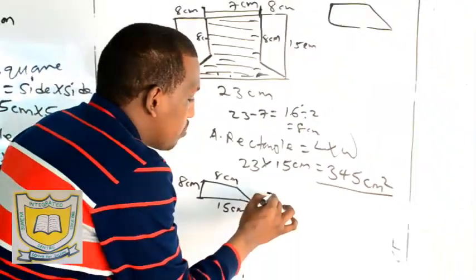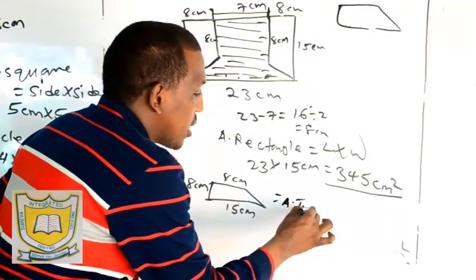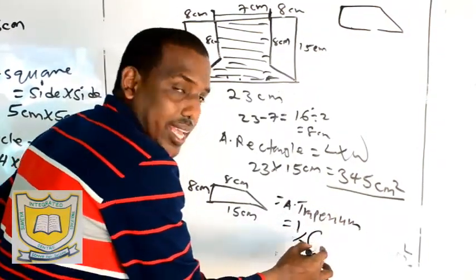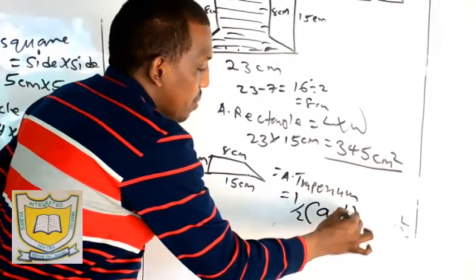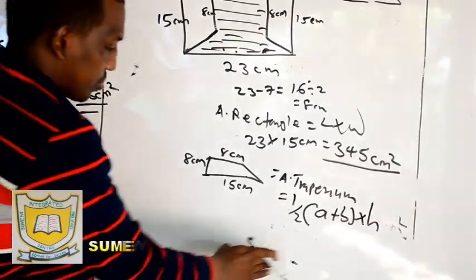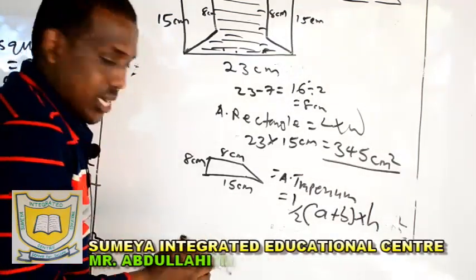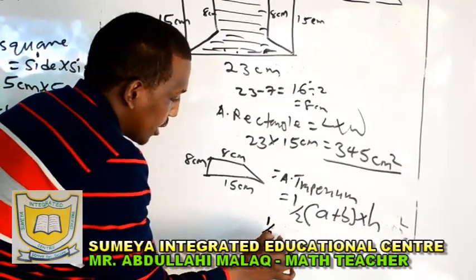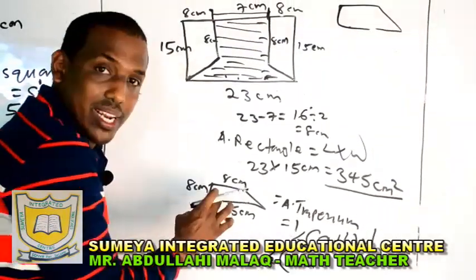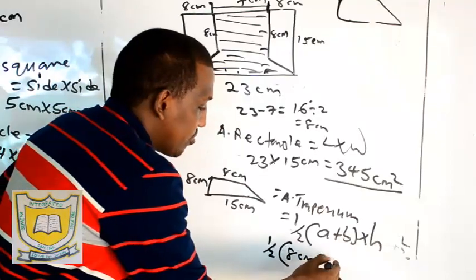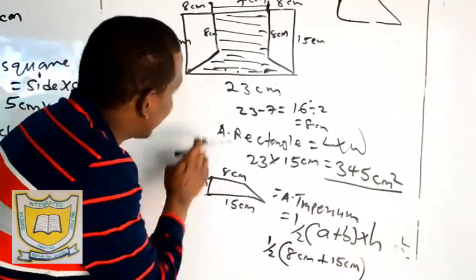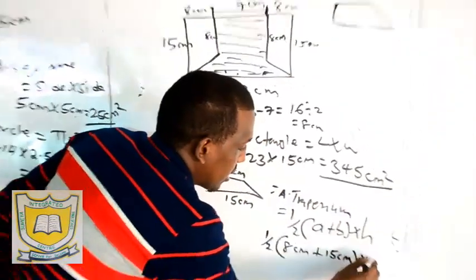So area of a trapezium is equal to a half into bracket A plus B bracket times height. That's how we get the formula. So let us work out now. A half into bracket A, which is 8 centimeter, the shorter parallel side, plus 15 centimeter, bracket multiplied by the height, times 8 centimeter.